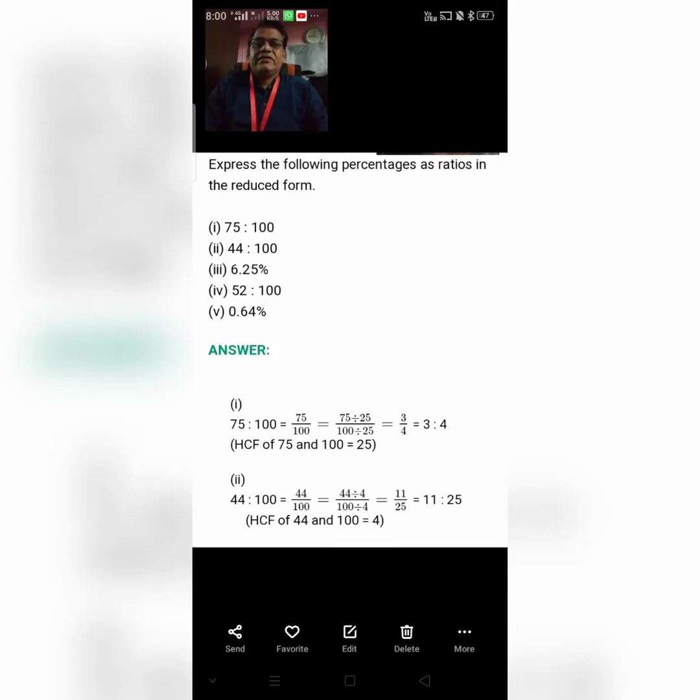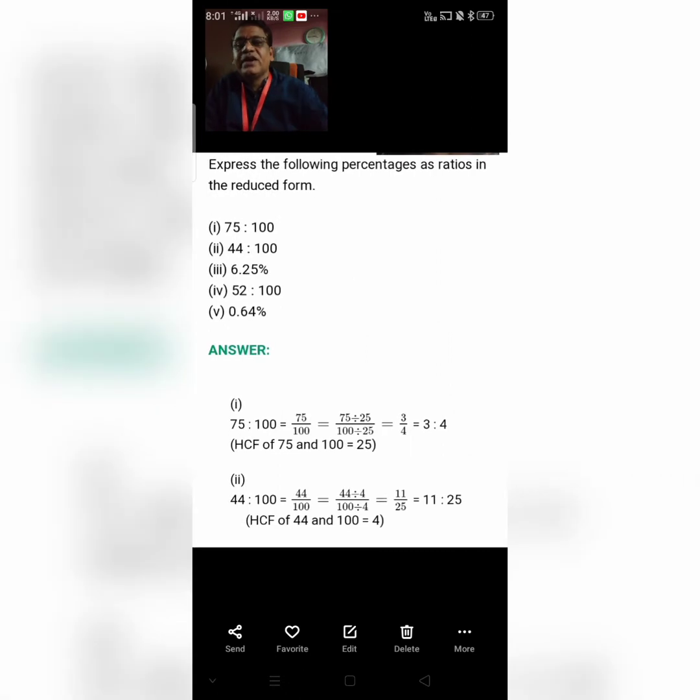In the previous class, we already started chapter number 4, that is ratio and proportion, Mathematics Part 1. Now today we have to start question number 3.